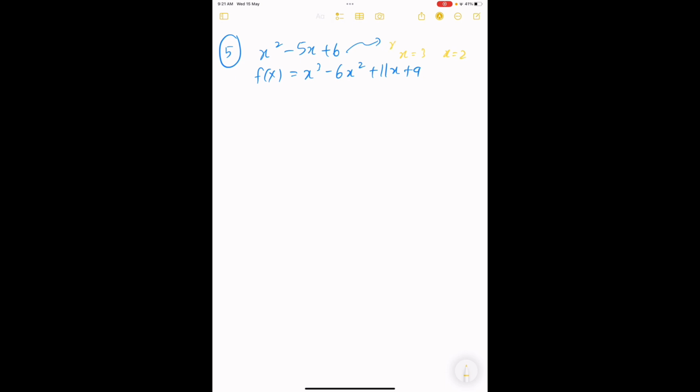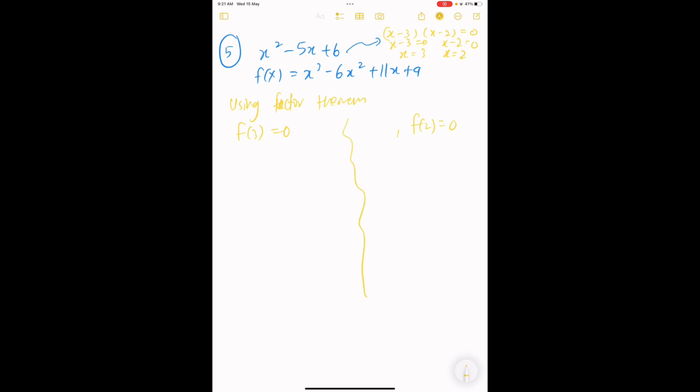So you reverse the step, x minus 3 and x minus 2. These are two factors. So by using factor theorem, f(3) equals 0 and f(2) equals 0.